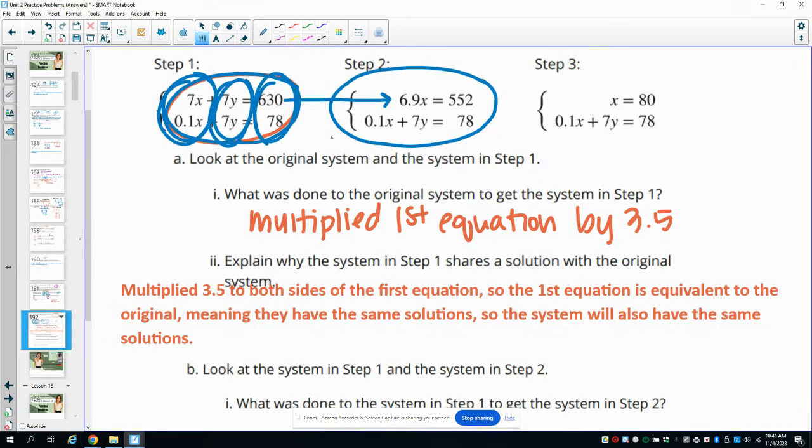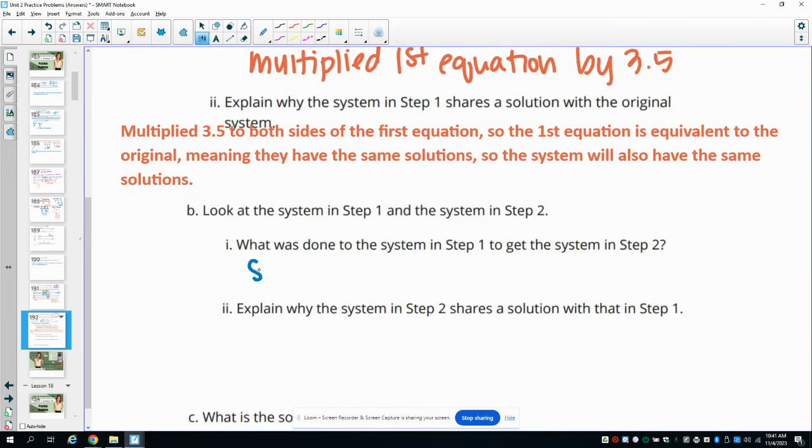So subtracting the 0.1x, 7y, and then 78. So they just subtracted these two equations because 7 minus 0.1 is 6.9. 7y minus 7y is 0. And then 630 minus 78 is 552. So they subtracted the two equations.